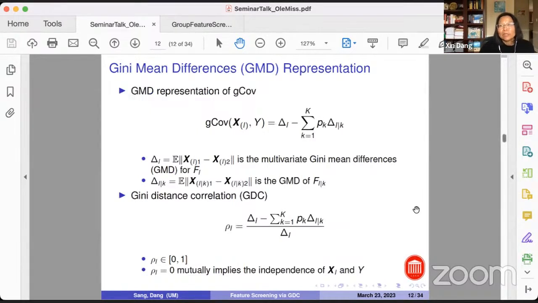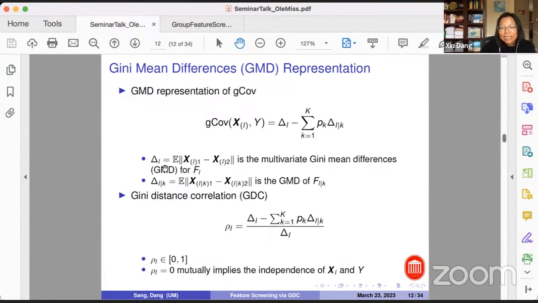So this Gini covariance can be written as delta L minus the sum of p_k delta L, what is the GMD of the conditional distribution.